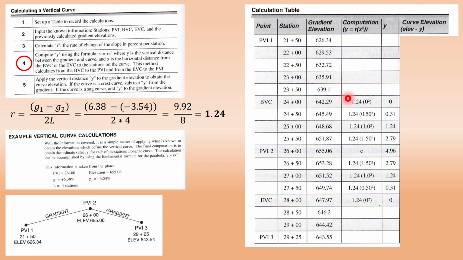This is a symmetrical vertical curve. We go 0, 0.51, 1.5, and then we repeat that 1.51, 0.50. The calculation's real simple. R times x squared will yield these values. And again, because this is a symmetrical vertical curve, your y values should exhibit symmetry from 0 to a maximum and back to 0.